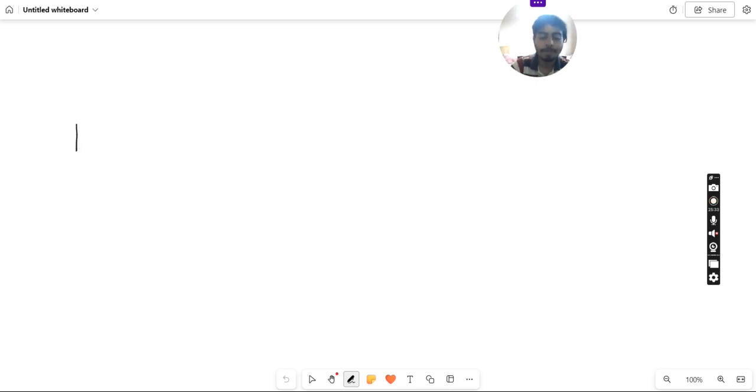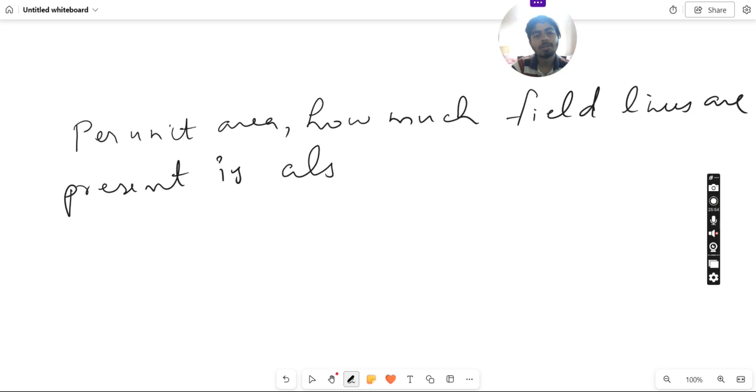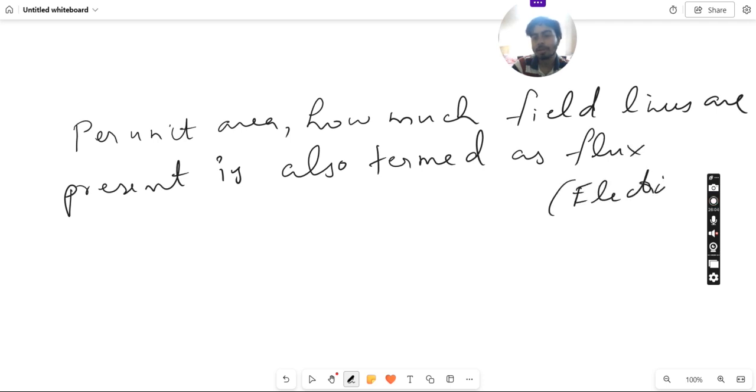Per unit area, how many field lines are entering or leaving, how many field lines are present, is also termed flux, or electric flux.